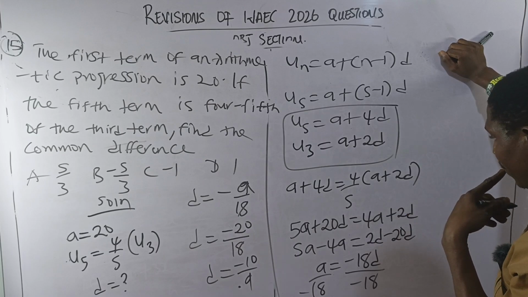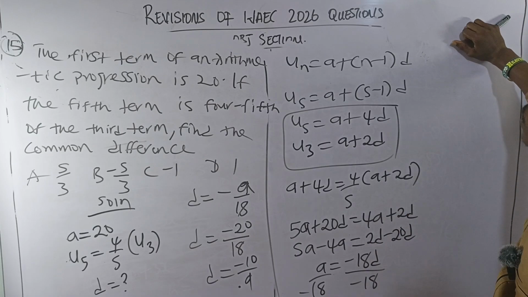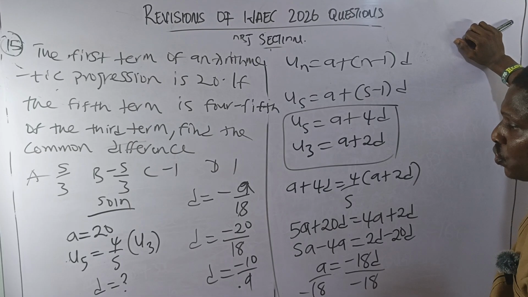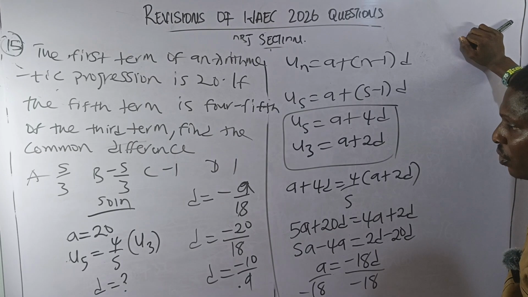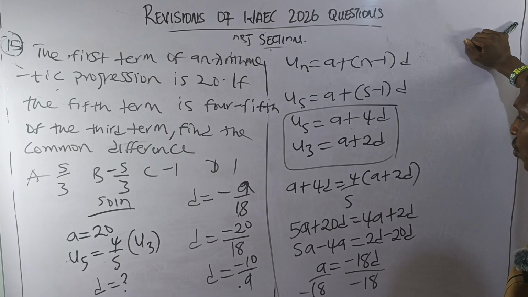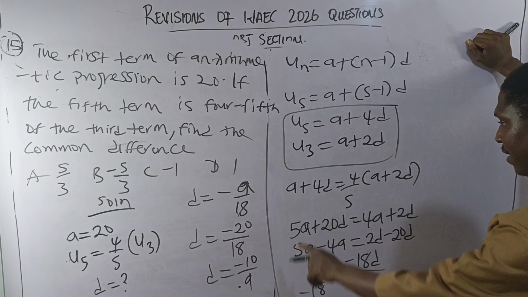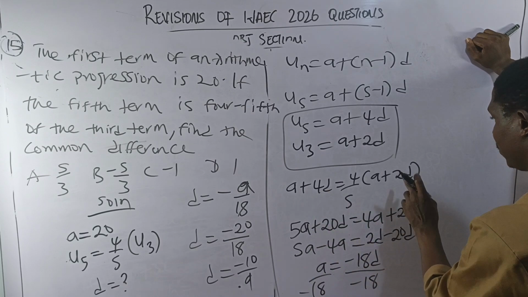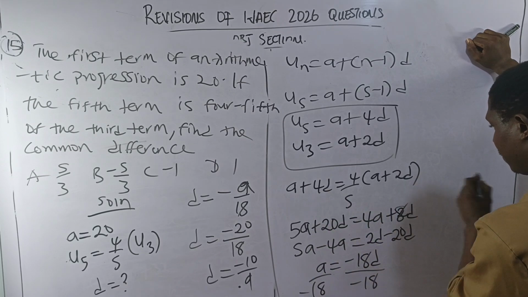I've made a mistake somewhere. Let's recheck, please. We have U5 equals a plus 4d, which is correct. So 4 over 5 bracket U3, a plus 2d. I have 5 times a, 5a, 5 times 4, 20d equals 4a plus, here it's supposed to be 8.